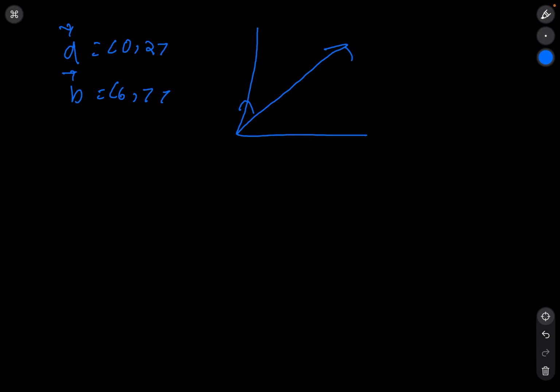Let's say we had vector B minus vector A. Algebraically speaking, it's the same thing as just adding them, but you're just subtracting both of the components. So you would do 6 minus 0, and then 7 minus 2. And then your new vector will be 6 and then 5.